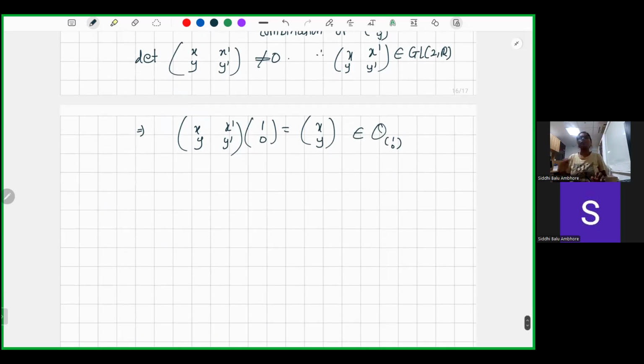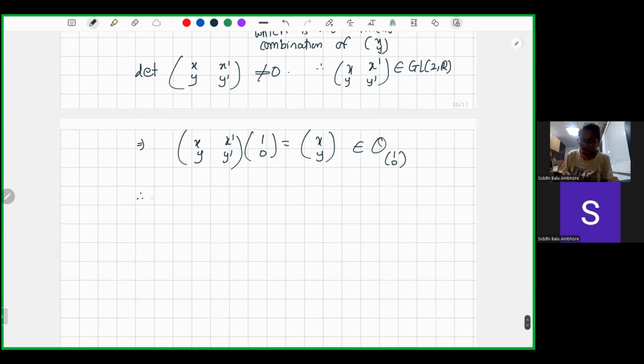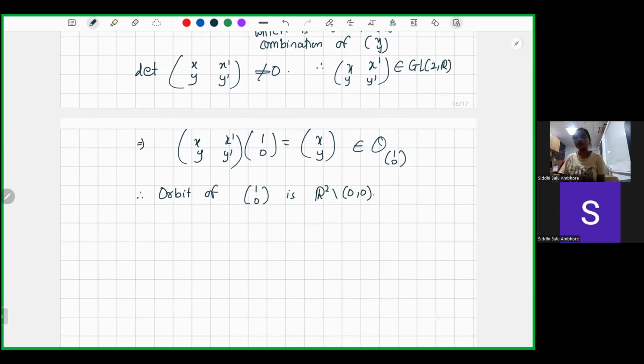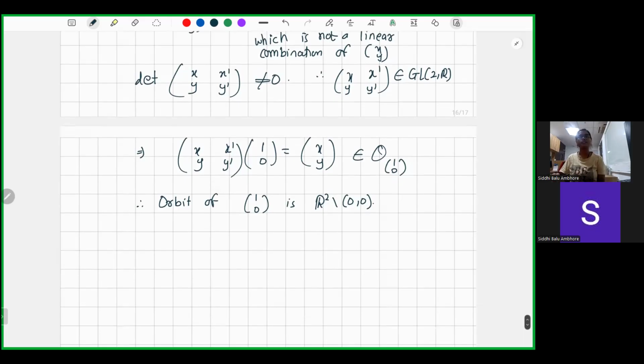So therefore the orbit of 1 0 is the whole of R2 minus 0, 0. I hope this is understandable.